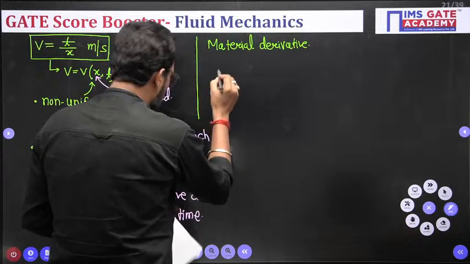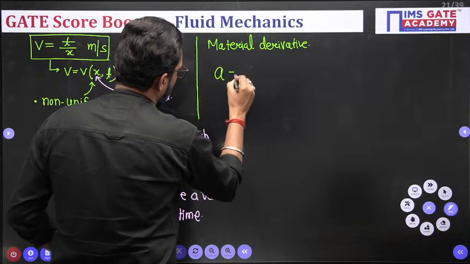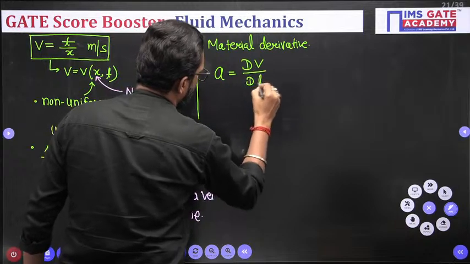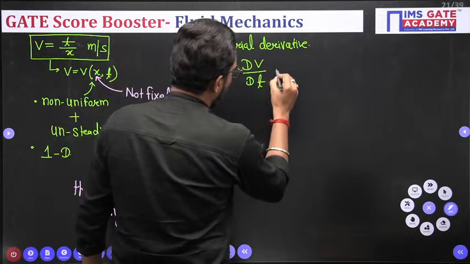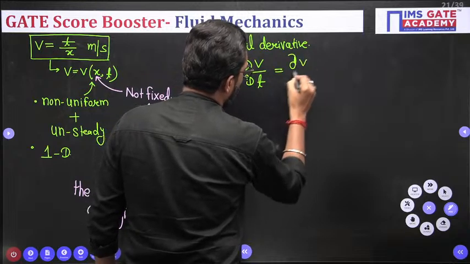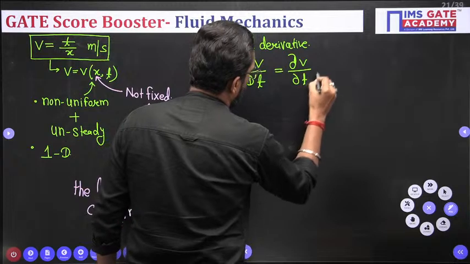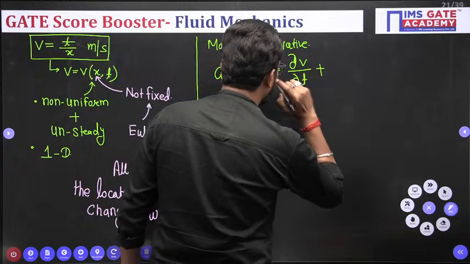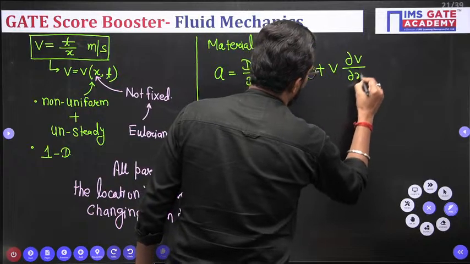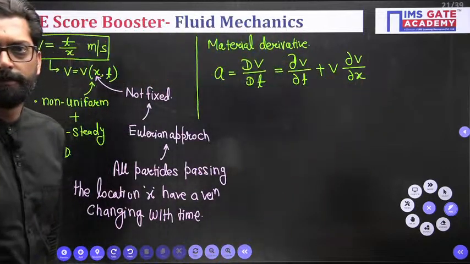What is acceleration? a is dv by dt. Okay, what is this one? If you split that, it is ∂v by ∂t plus v ∂v by ∂x. Why? Because it is in the x direction only.